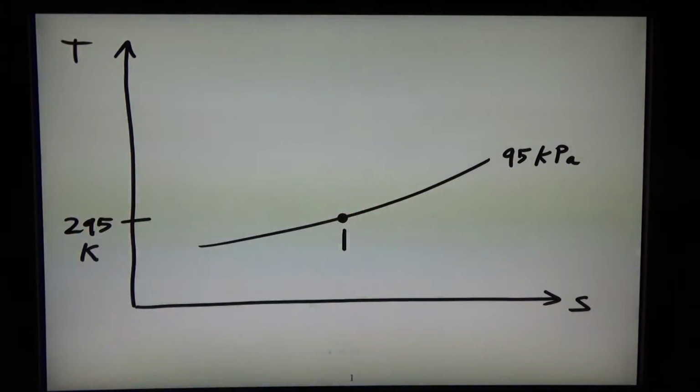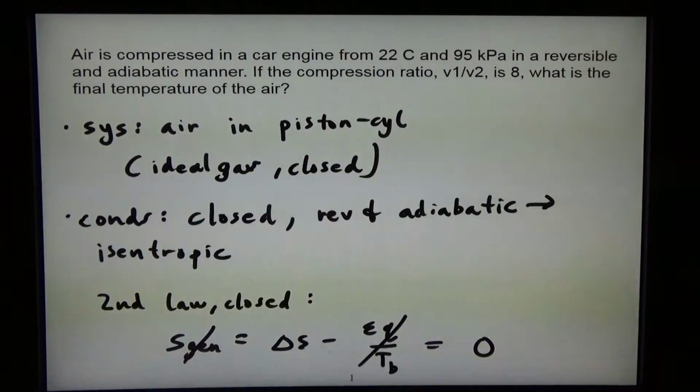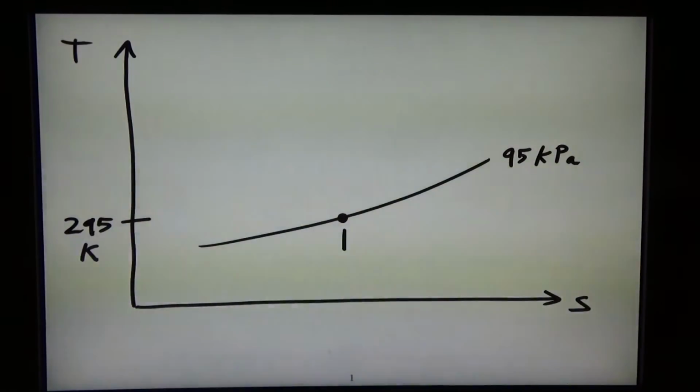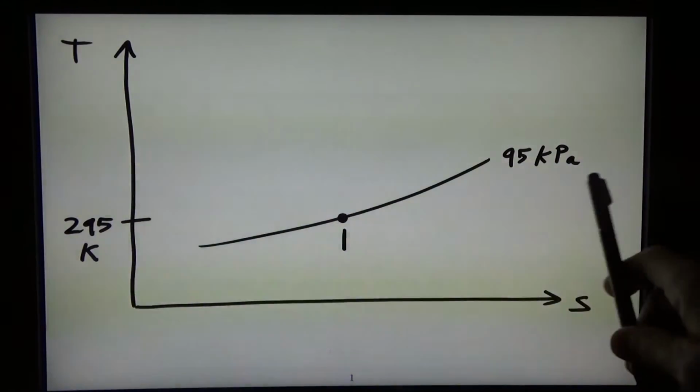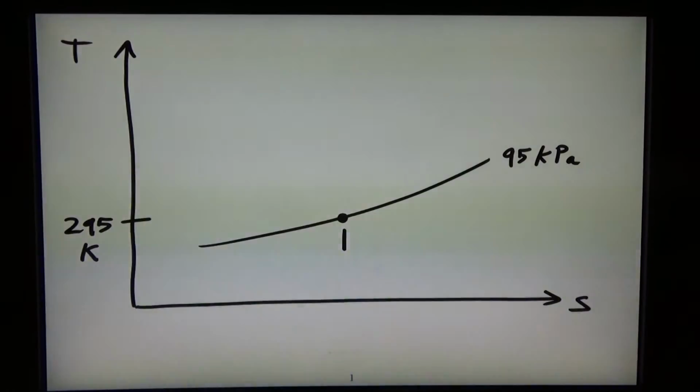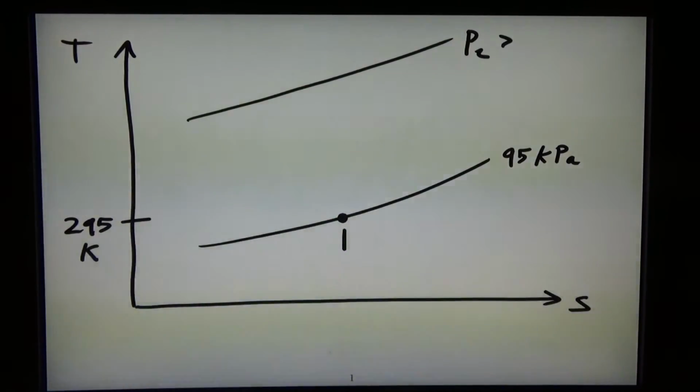So how do we know whether it was above or below? It says that this problem is air being compressed. We don't know the final pressure, but we do know the final pressure is higher than 95 kilopascal. So P2 is bigger than 95 kilopascal.